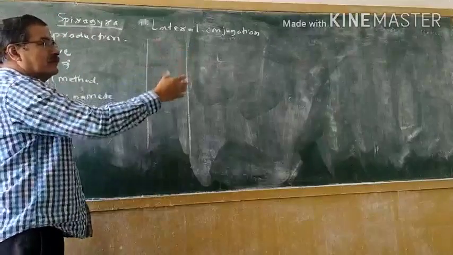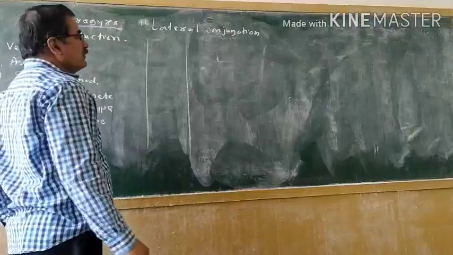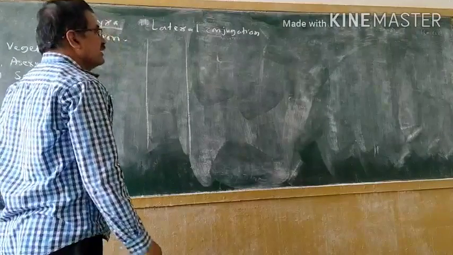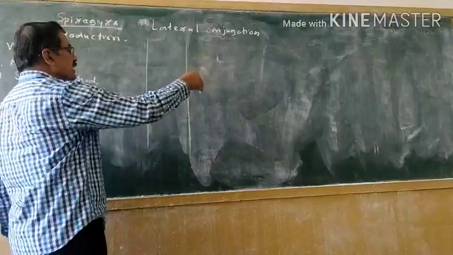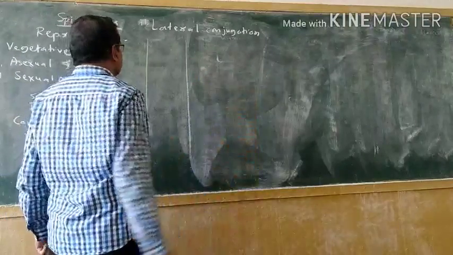In scalariform, two filaments lie parallel to each other, one male active and the other female.